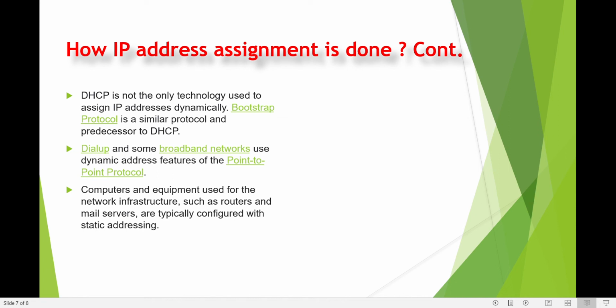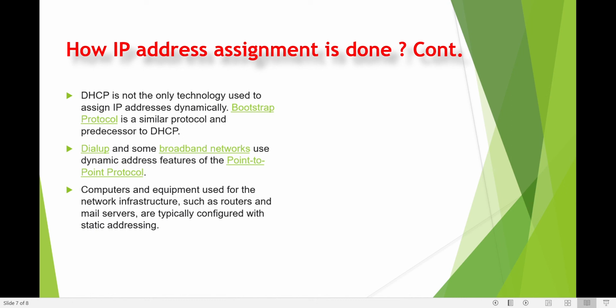Now computers and equipment which are used for network infrastructure like routers and mail servers need to have a constant IP address so that devices can connect to that IP address, and thus those will generally have static addressing. If each time their IP address changes, then the devices which want to connect to these computers or equipment will not be able to connect, right?